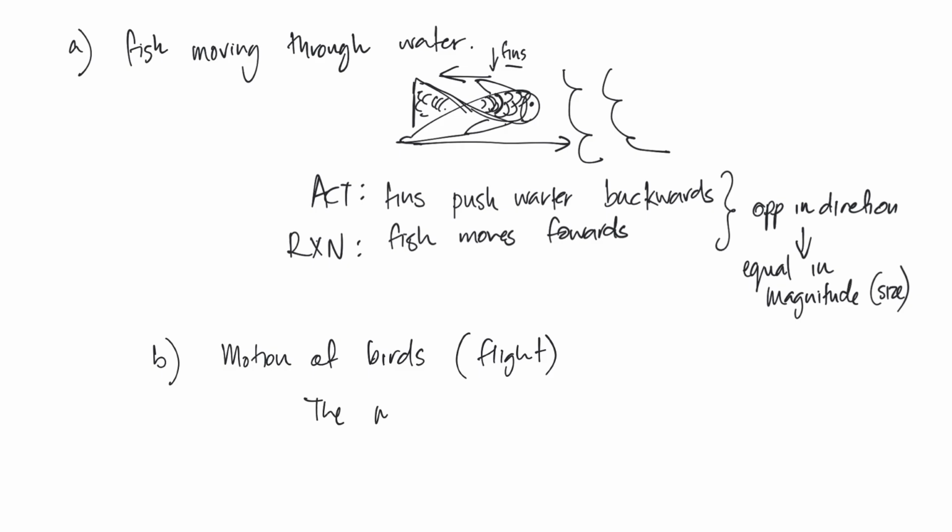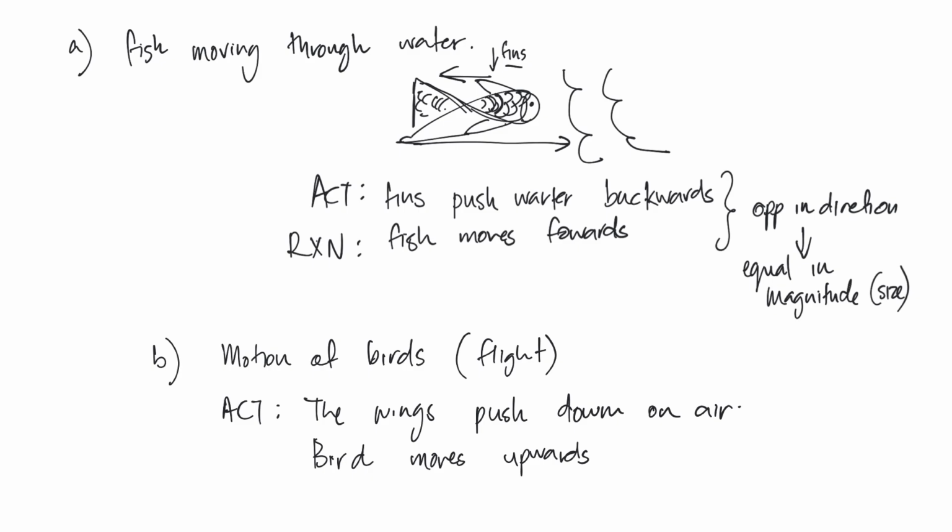The wings, so action, push down on air, right? And the bird moves upwards. So your action is the wings. Your reaction is the motion of the bird. So without these action-reaction pairs, birds wouldn't be able to fly.